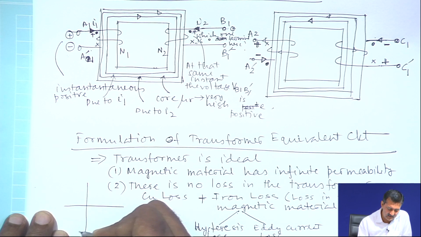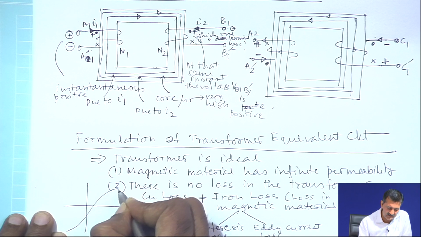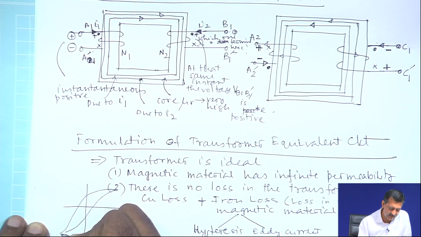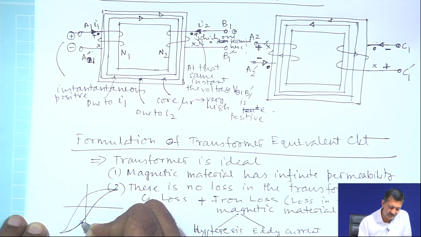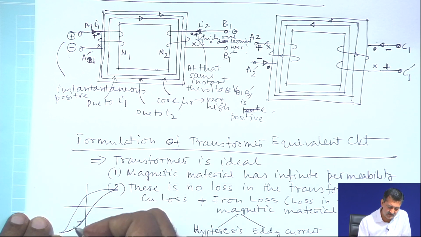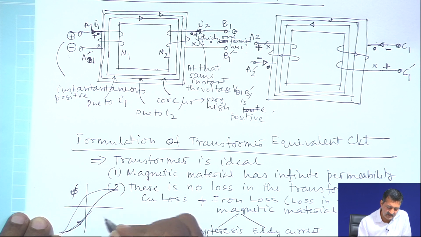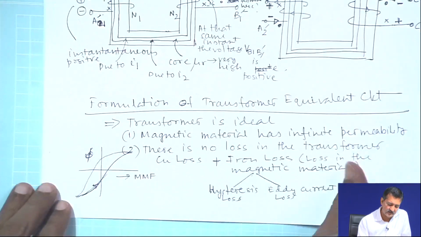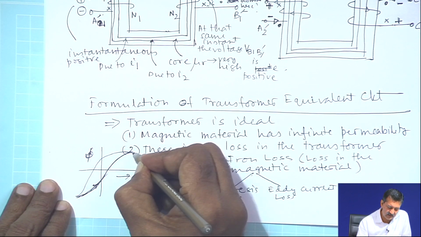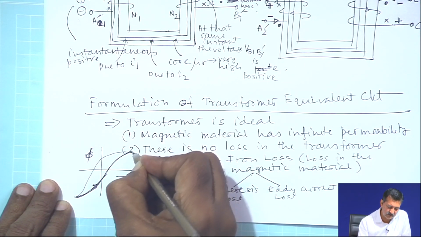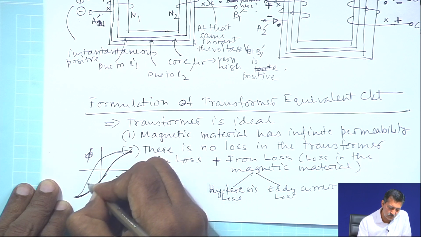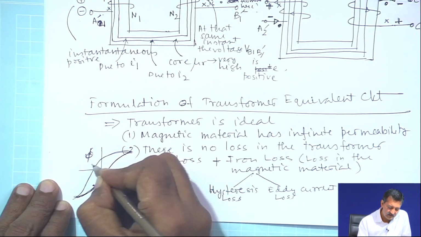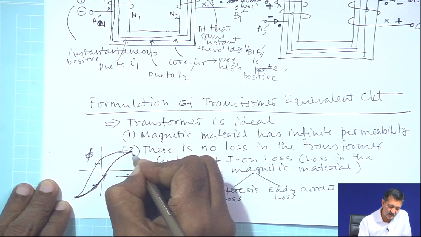We call it a hysteresis path. It looks like this: flux increases and flux decreases. This is one path when flux is increasing. This is flux, and this is MMF, that is essentially a current. So, when the current is increasing, flux is going through this path, and then it is reducing through this path. So, you see that it doesn't follow the same path.